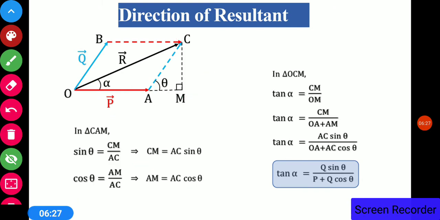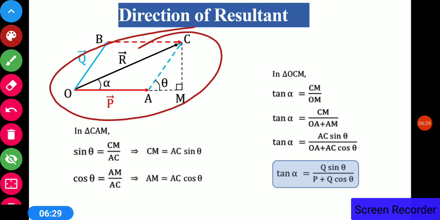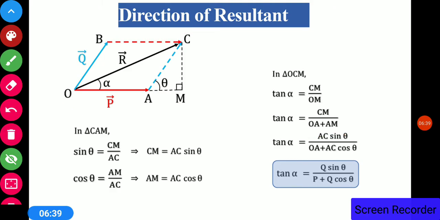The tangent alpha in this triangle is CM upon OM. OM can be broken into two parts, so tan alpha is equal to AC sin theta upon OA plus AC cos theta, or tan alpha is equal to Q sin theta upon P plus Q cos theta.